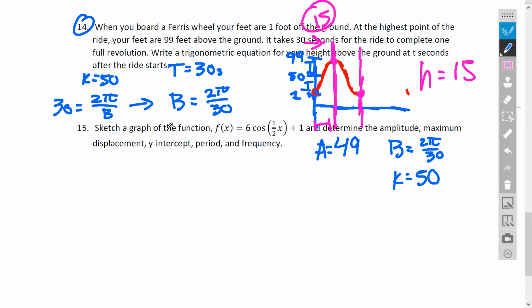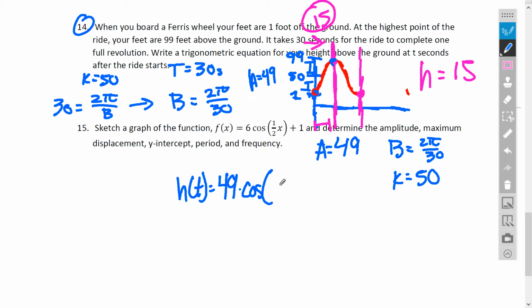So our function is going to look like this. This was a relatively complicated one. Remember, this is a cosine function because it starts at the top technically after the shift. We'll call it h of t. We have a, our amplitude, which was 49. It oscillates up 49, down 49. So 49 cosine.